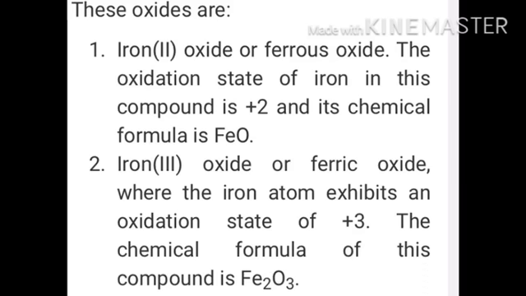The oxidation state of iron in this compound is +2 and its chemical formula is FeO. And second, iron 3 oxide or ferric oxide, where the iron atom exhibits an oxidation state of +3. The chemical formula of this compound is Fe2O3.